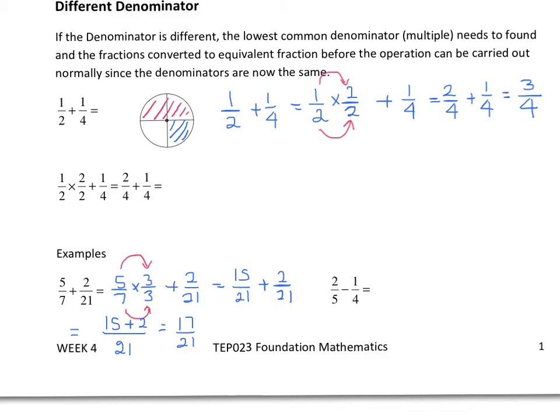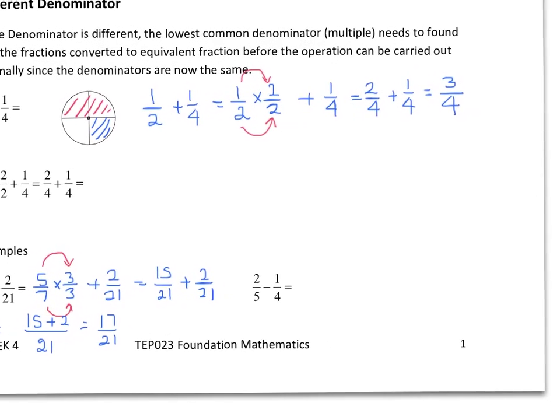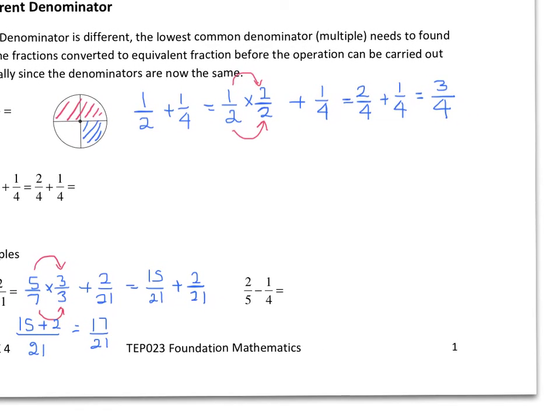The next one, I'll just make myself a little bit of room because it will be actually a biggish one, because we need to change the denominator on both of those fractions. So we're looking for the lowest common multiple of 4 and 5, which you should probably know by now is going to be 20. So how do we make 5 into 20? We have to multiply by 4.